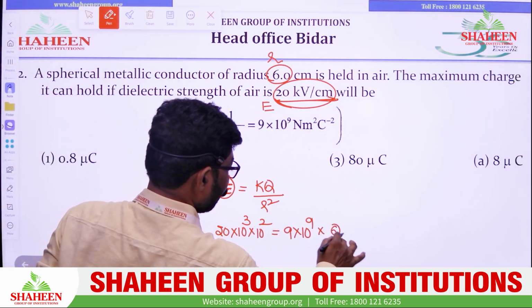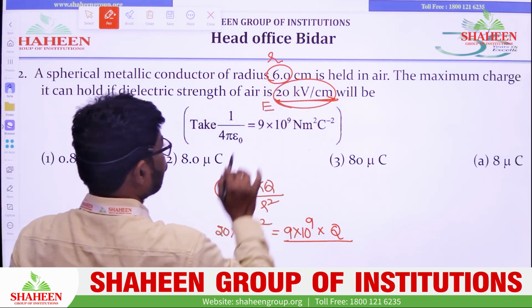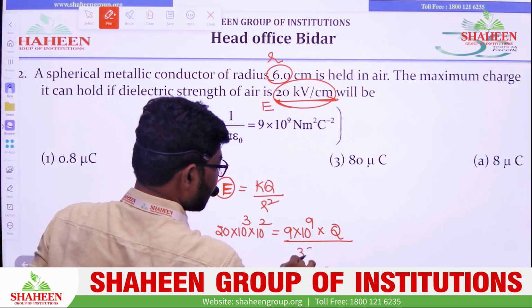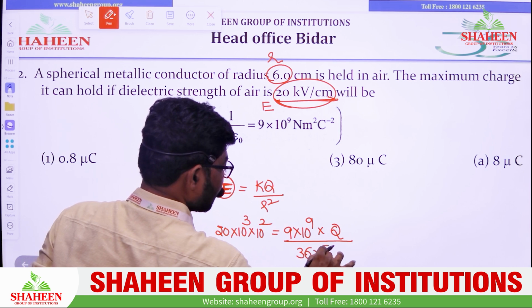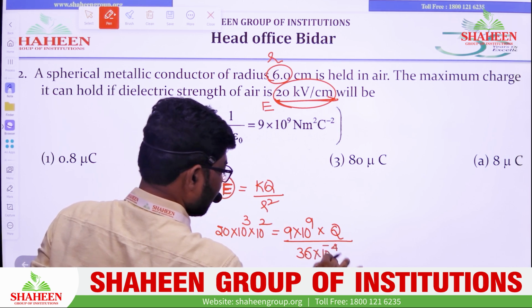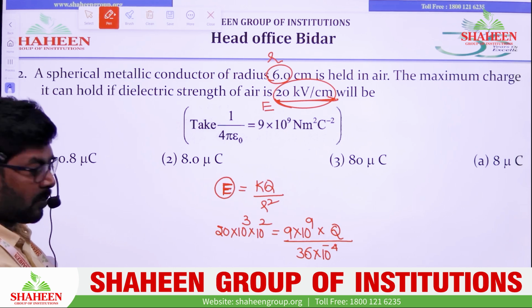We want to find the charge. R square is 6 centimeter square, 6 square is 36, and 1 centimeter is 10 power minus 2, so 10 power minus 4.